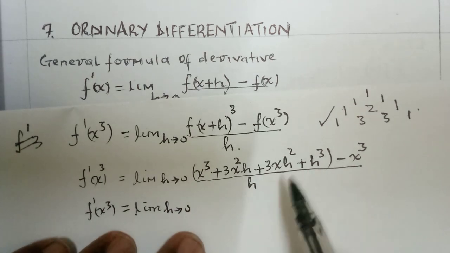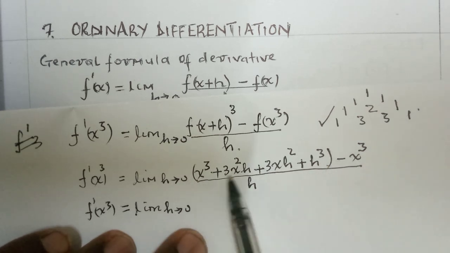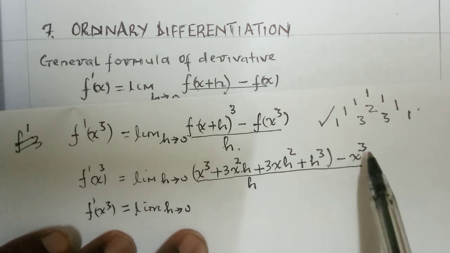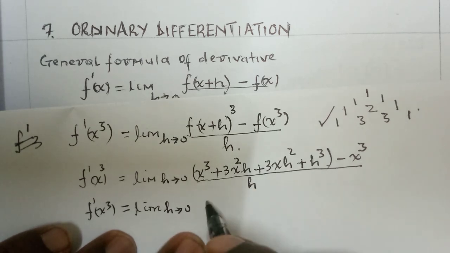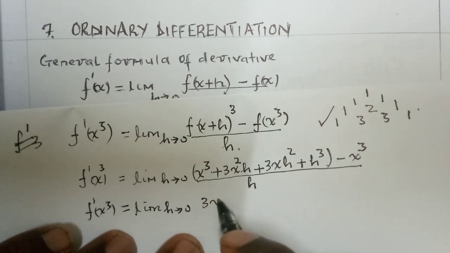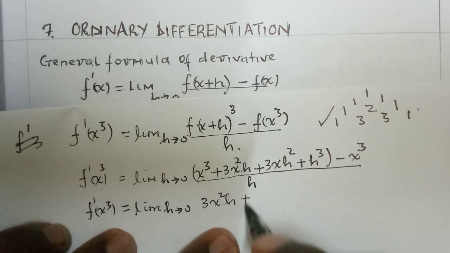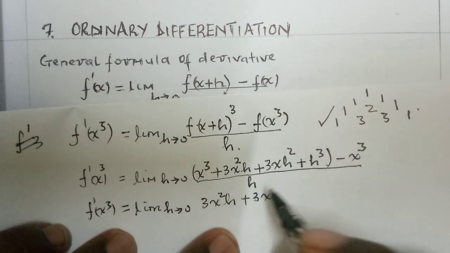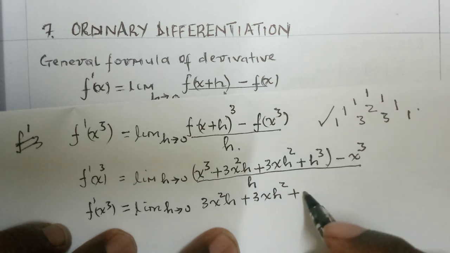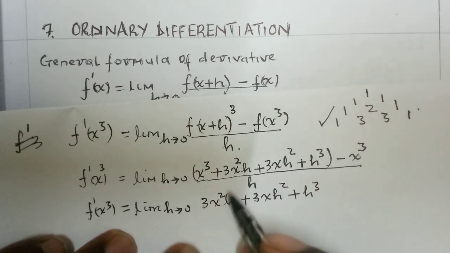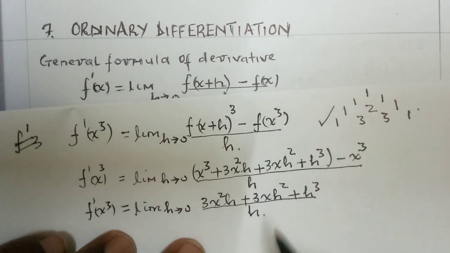We remove this bracket, and x cubed minus x cubed is 0. So we remain with 3x squared h plus 3x h squared plus h cubed, divided by h.